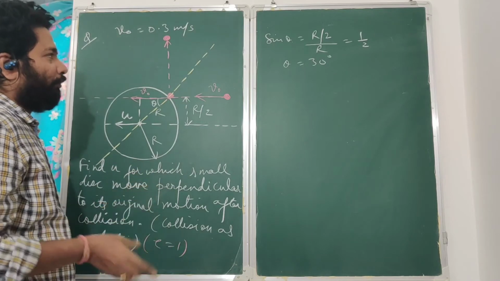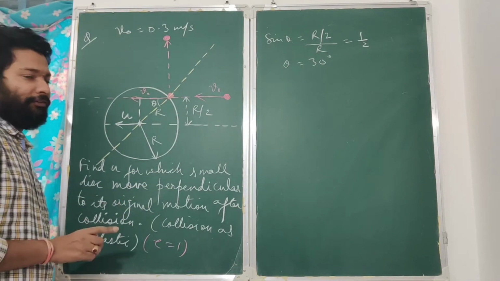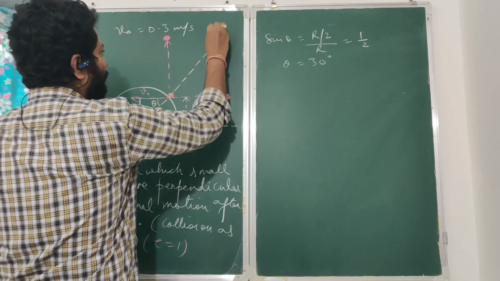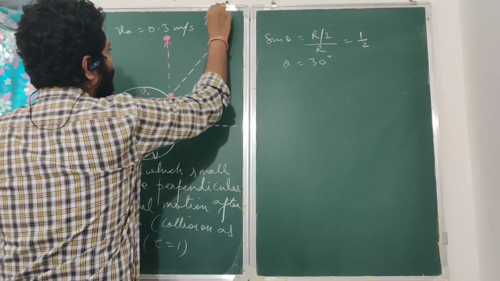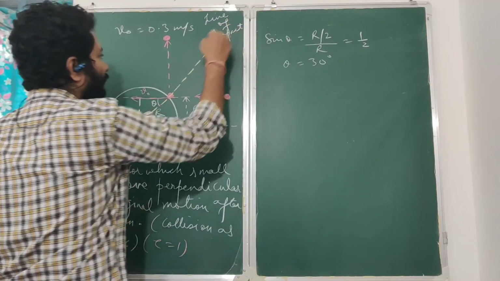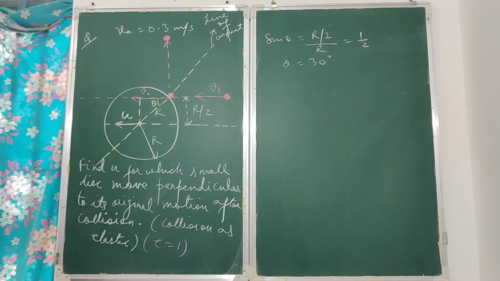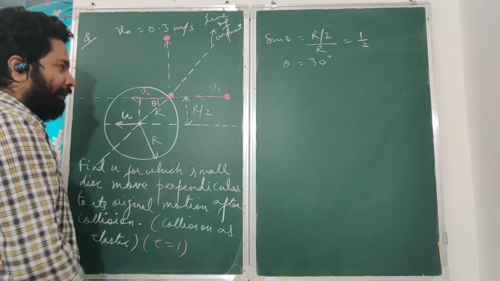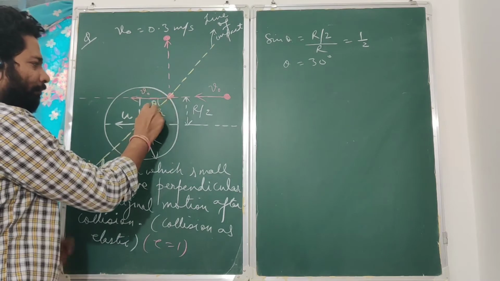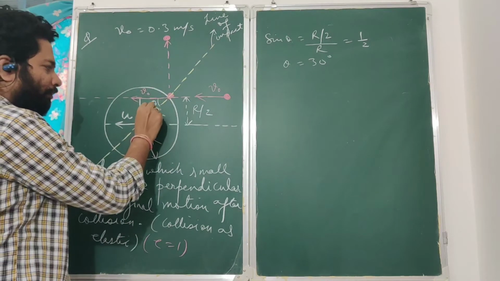I have told you, you have to always take the component of velocity along the line of impact. So for clarity, this is our line of impact. So we have to take all the velocity component along this line for writing equation of coefficient of restitution. So now V naught, what will be the component in this direction? V naught cos theta.